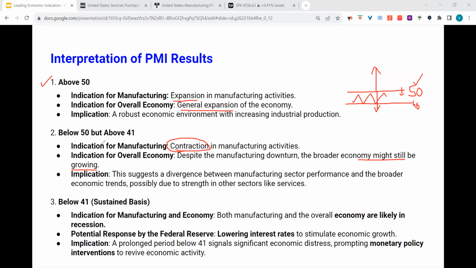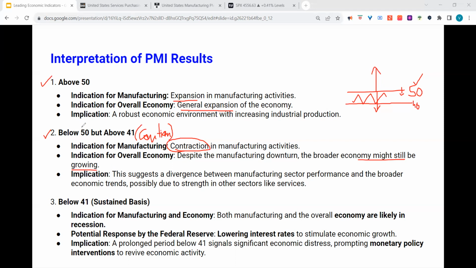There's no need for any kind of panic to set in when the PMI slips below 50. It's only that manufacturing has contracted, but the economy broadly might still be growing. That is the assumption in the second stage, and this is the stage for caution, where the economy in the future might head either back to its expansionary stage or slip into a recessionary stage.